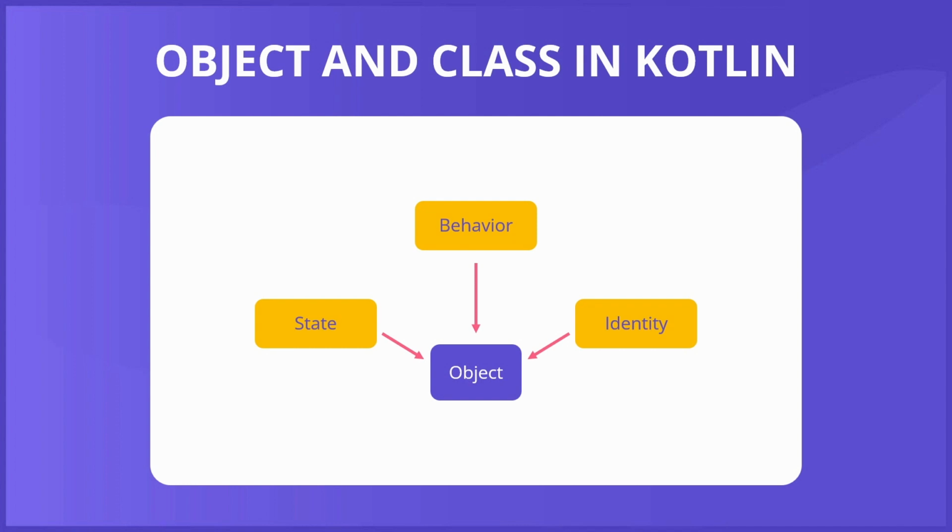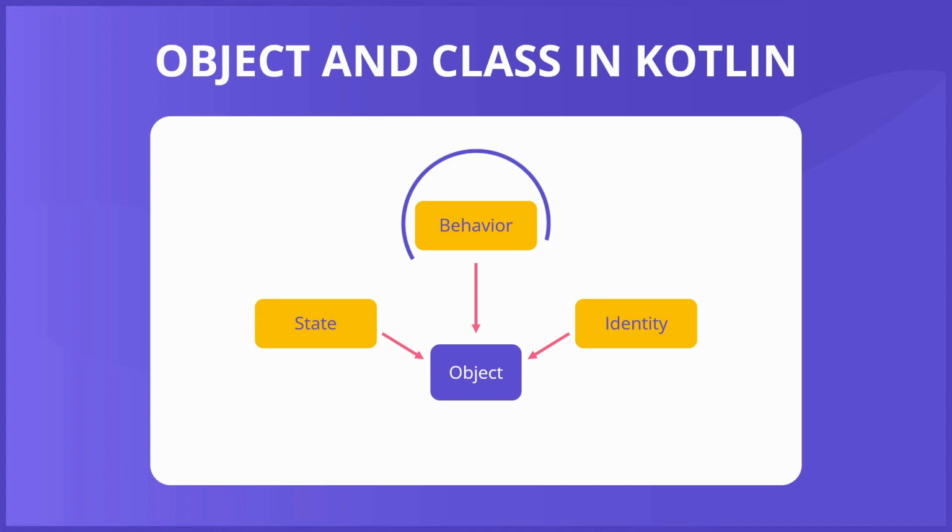Okay? So the object has three characteristics. It's got state, behavior, and identity. Now let's get into these characteristics a bit more. The state represents the data of an object.